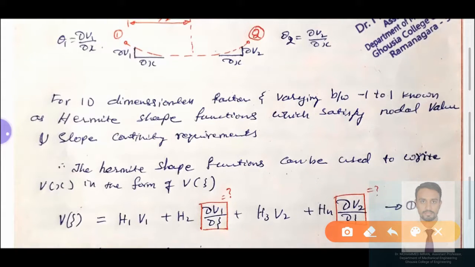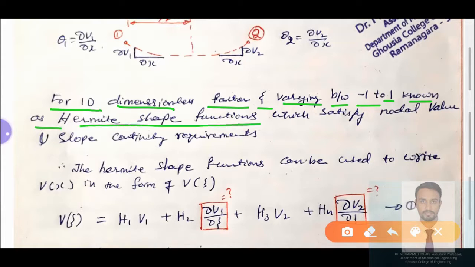To derive that, we need to take general assumptions. What is the assumption I'll take here? For one dimension, a dimensionless factor zeta varying between -1 to 1, known as a Hermite shape function, satisfies nodal value and slope continuity requirements.